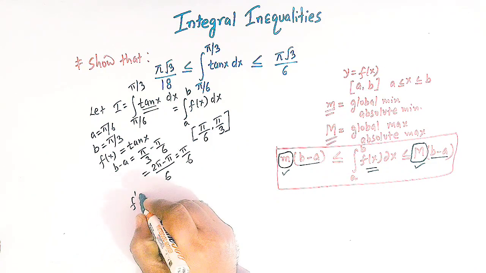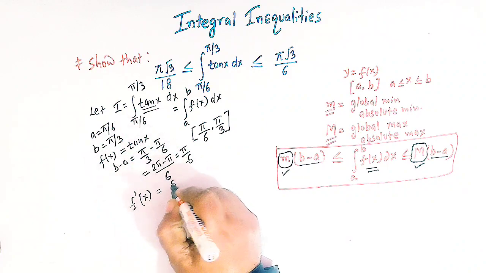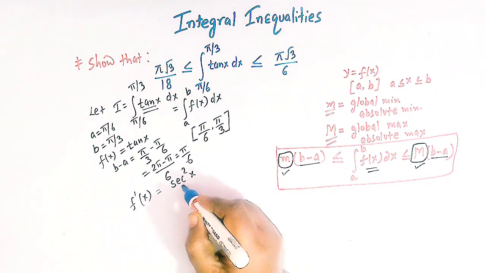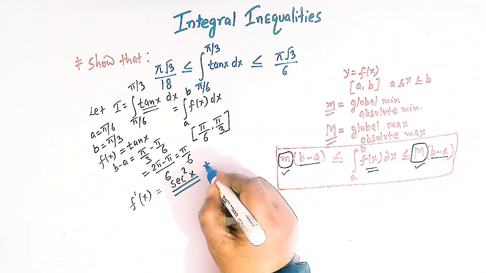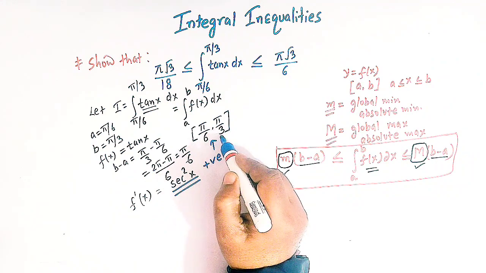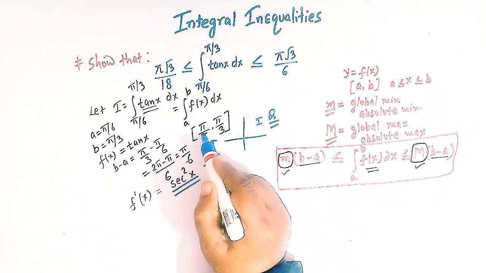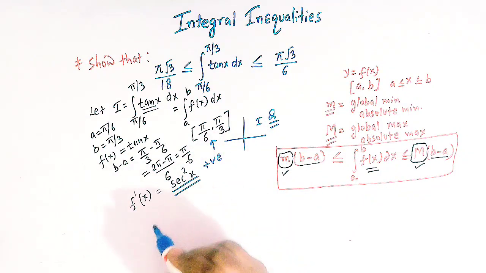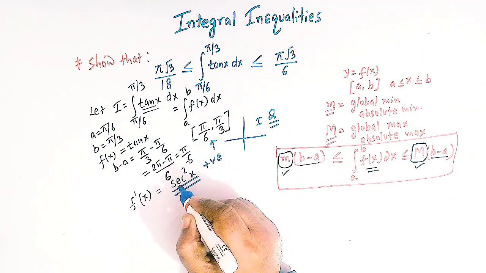So let us find out the derivative of this function tan x. So the derivative of tan x is secant square x. So we see that this quantity, that is secant square x, is always a positive quantity in this interval, that is pi by 6 to pi by 3, right? Because pi by 6 to pi by 3 lies in the first quadrant, and in the first quadrant all the trigonometric functions are positive, right? And moreover, here we have the square of secant x.